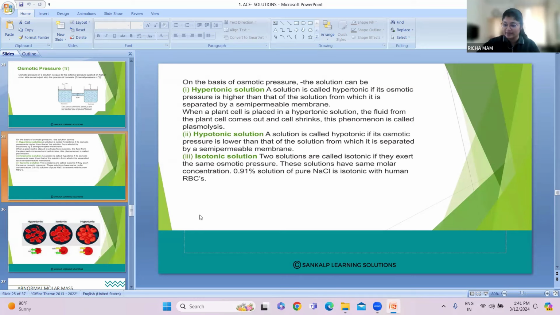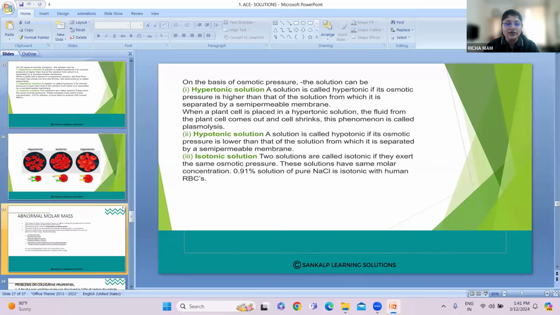So on the basis of osmotic pressure, these are the three types of solution. Very important, with examples, as it is asked.